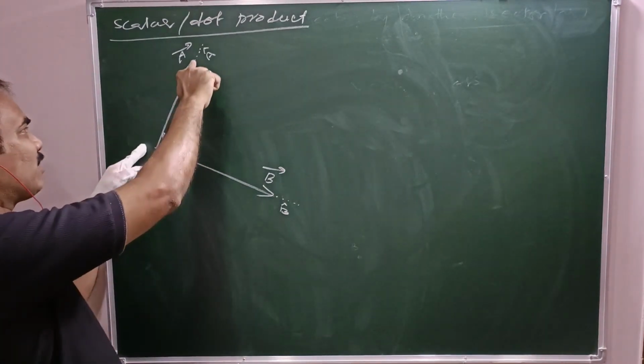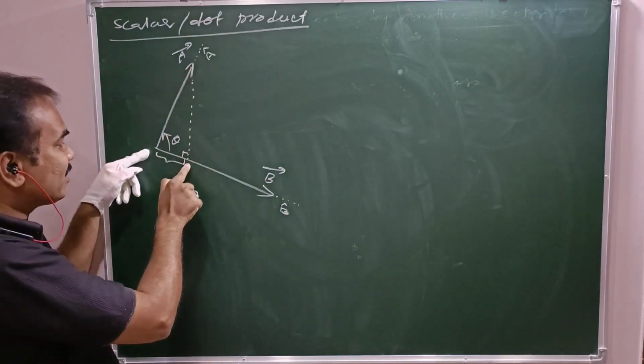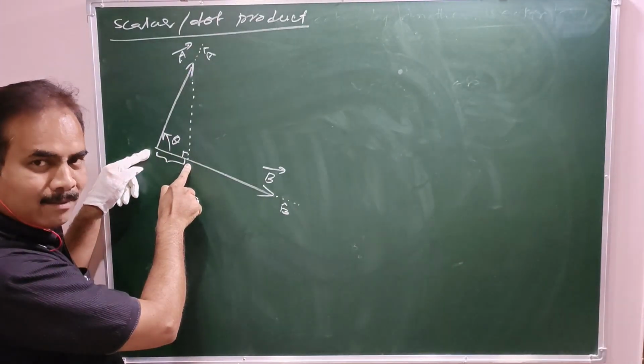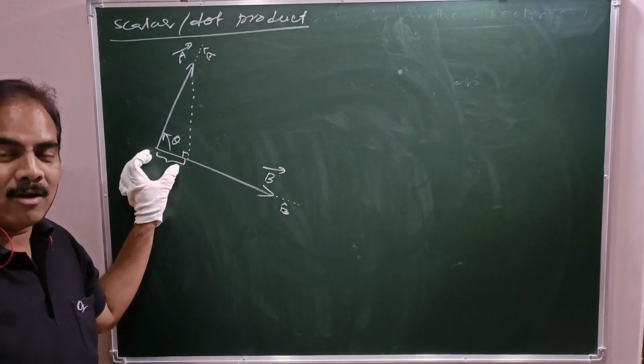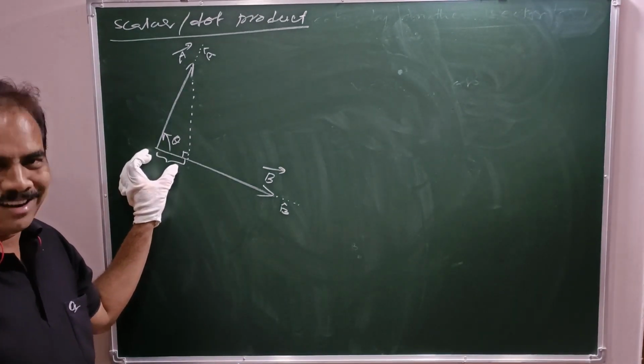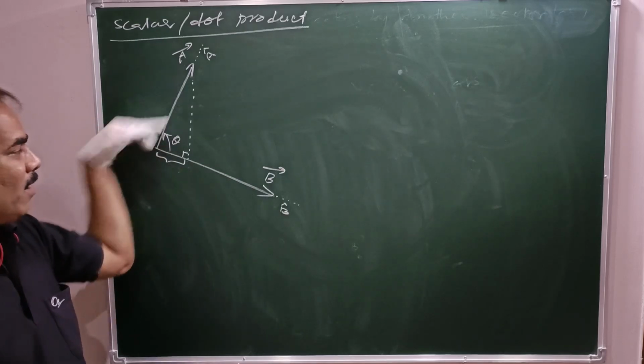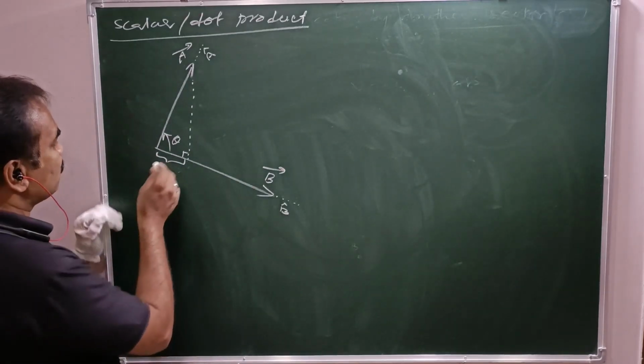See, actually, this is the total length of A bar. Now, this is also the length of A bar only, but along B bar. What is the other name for this? Projection or component or magnitude of A bar along B bar. So what is that?